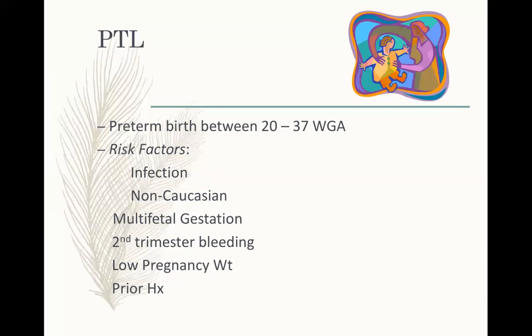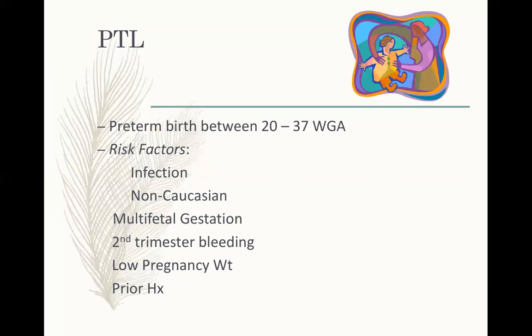Second trimester bleeding is an indication of preterm labor and a risk factor that the mom will go into preterm labor, and it relates to irritability. When the uterus is irritated, it will start to contract. And if there's bleeding, then there's going to be pressure on various parts of the uterus, which is going to irritate the uterus.